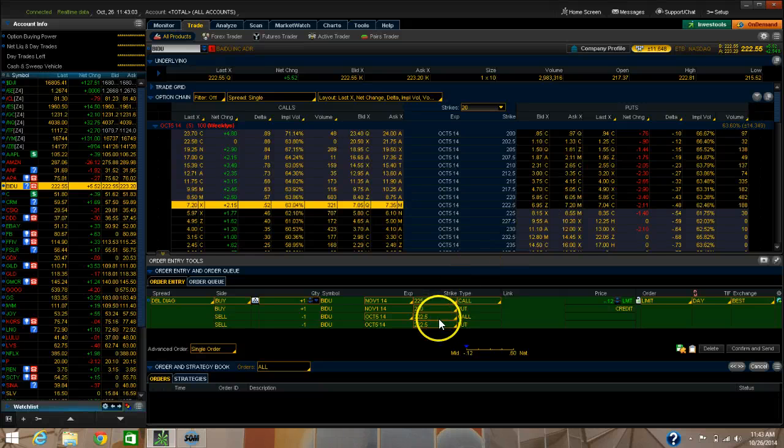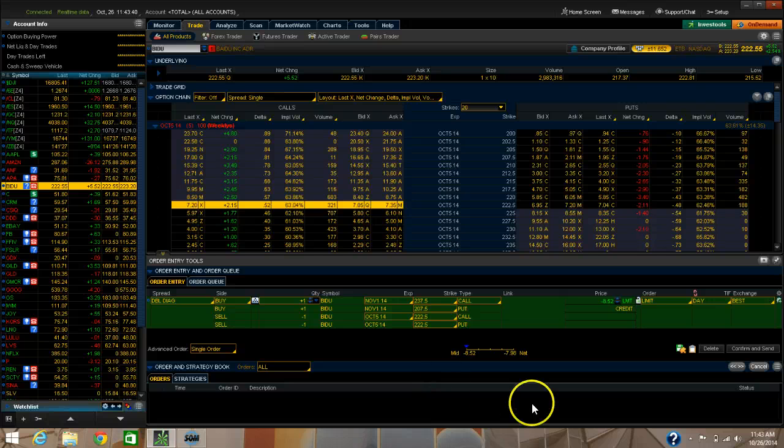So if the stock is trading at 222.50, we want to buy our calls out at about 237.50, and we want to buy our puts down below at about 207.50, and that will give us the expected range. And for making this trade, we are going to collect an $8.52 credit.